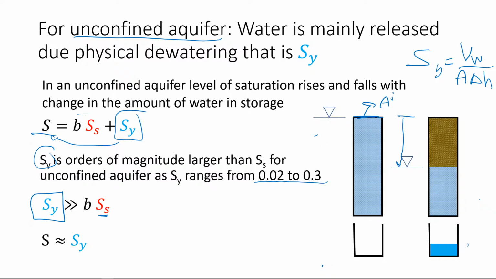That would be the delta H, and that would be the volume of water that's drained. If you divide these two, that will give you the specific yield, which is approximately equal to your storage coefficient for an unconfined aquifer.